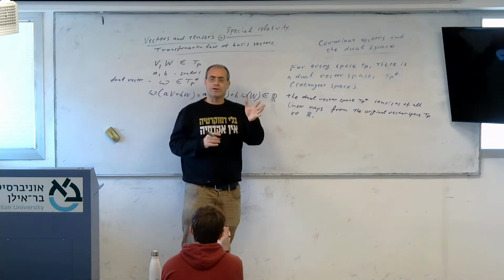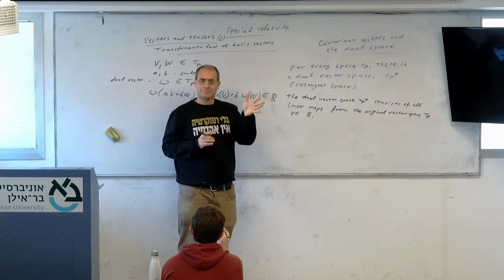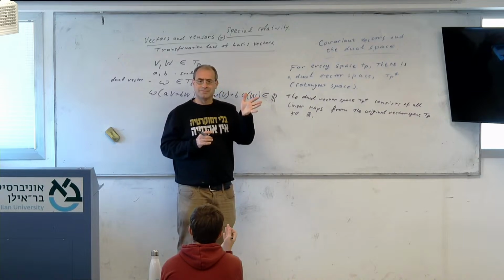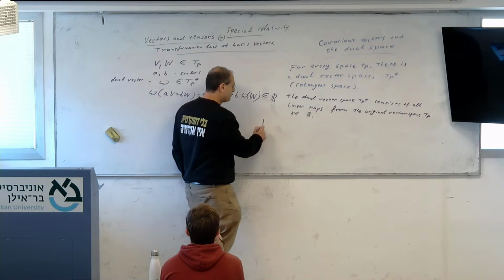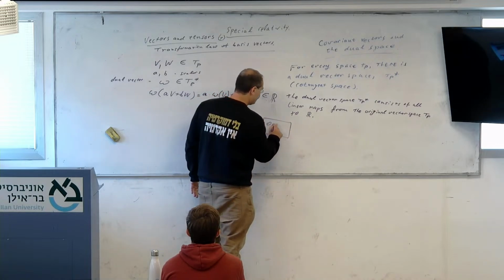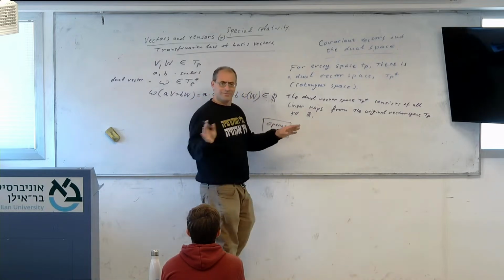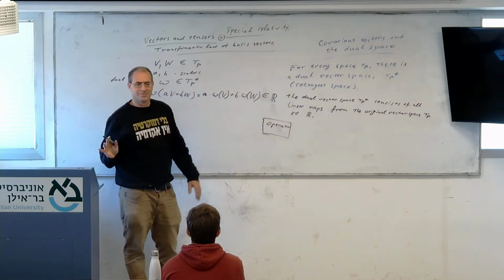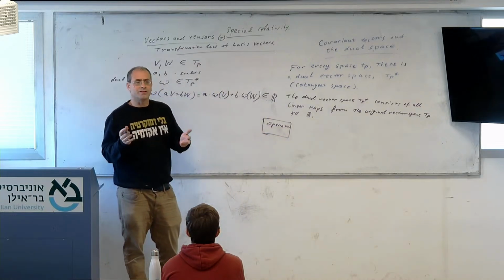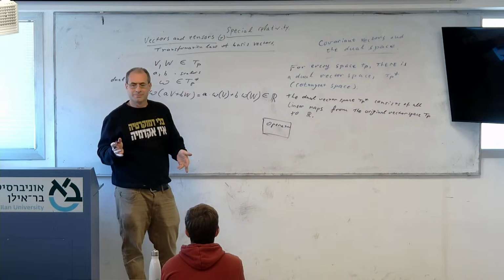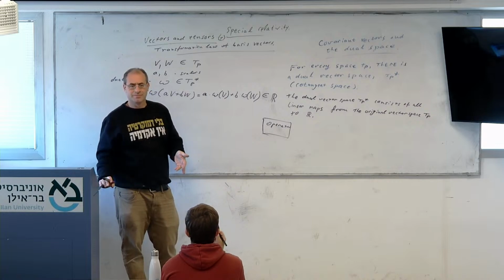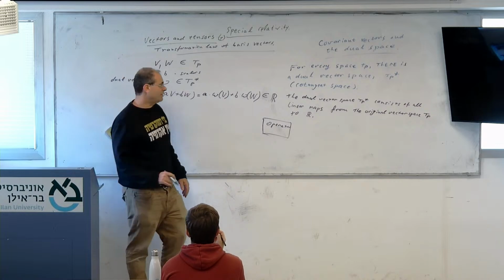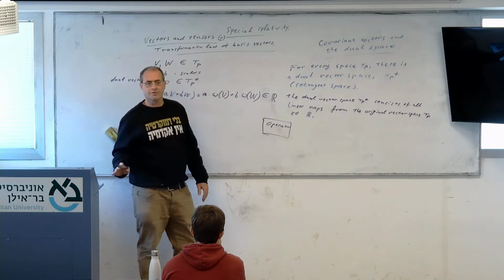But what is an operator? It's also some sort of linear mapping. You've seen operators, for sure. How do we represent an operator? A matrix. And what happens when an operator acts on a vector?